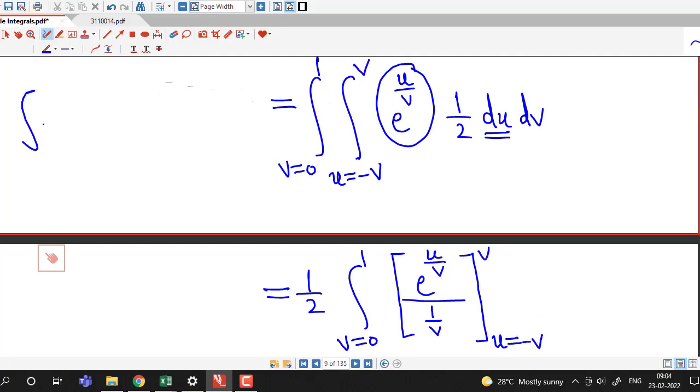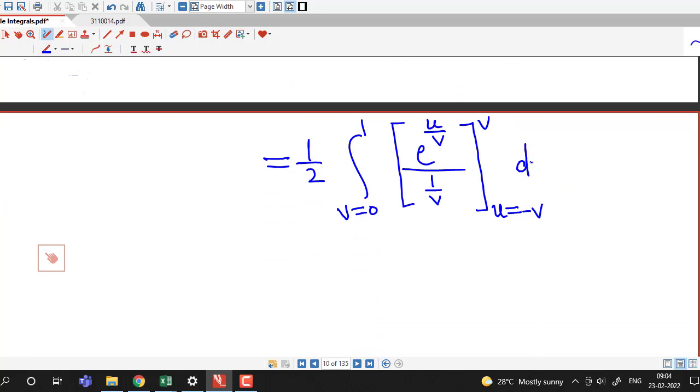We are integrating with respect to u, so we consider 1 by v as constant. Because v is constant, 1 by v is also constant, so we are dividing by coefficient of u.